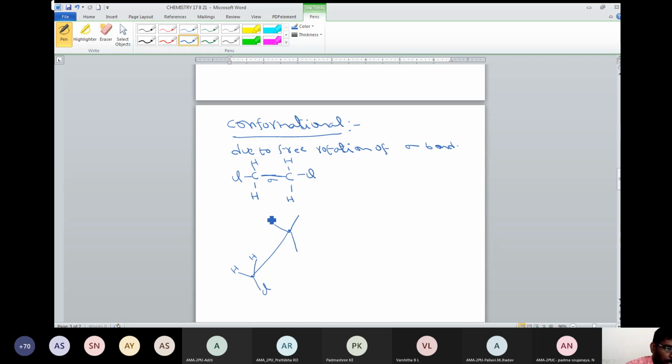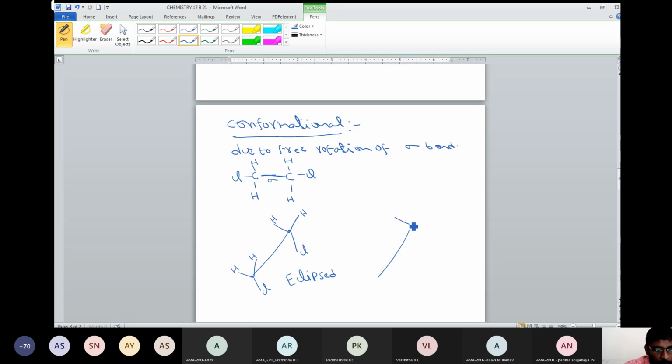Here also two hydrogens, and the third one is chlorine. Here both are Y. That means this is which molecule? Eclipsed isomer. This is the eclipsed isomer. What is another possibility?